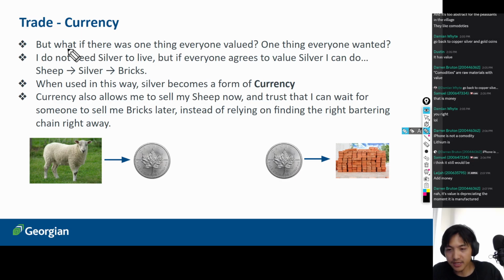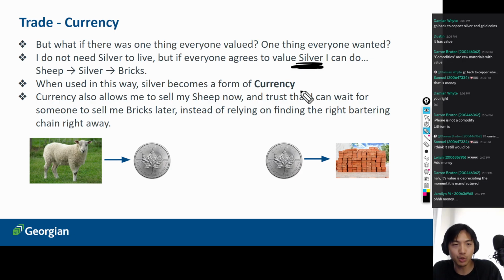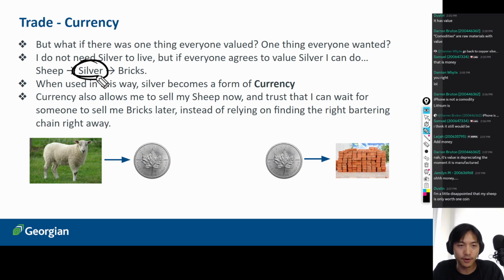If instead we just agree that silver can be traded for all sorts of things, that we value silver, we trust silver, then I can say, I have sheep, you have bricks. I'm going to sell my sheep to somebody who wants sheep for silver, and then I will sell my silver to you for bricks, because I know everybody wants silver. If everybody agrees that they value silver, then I can do this.